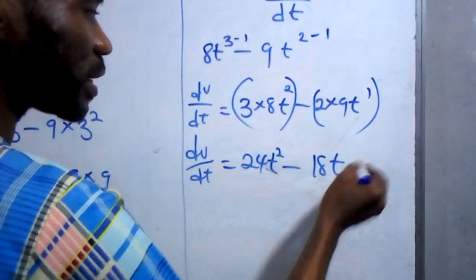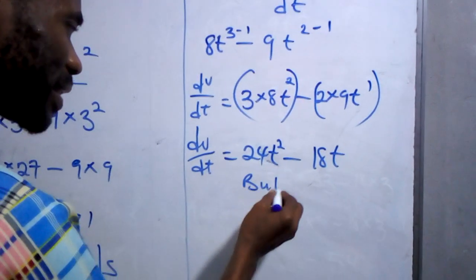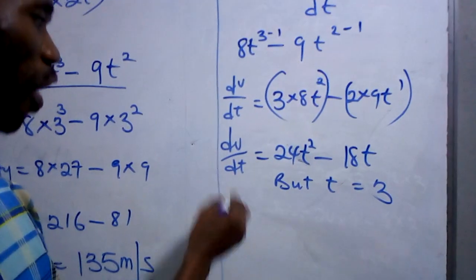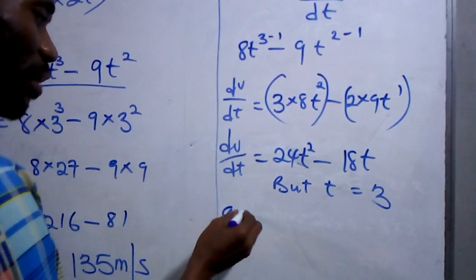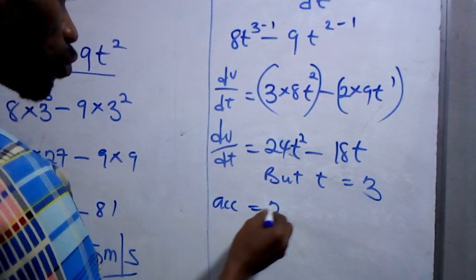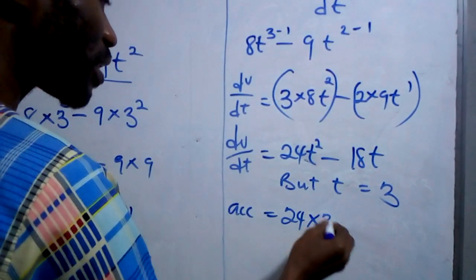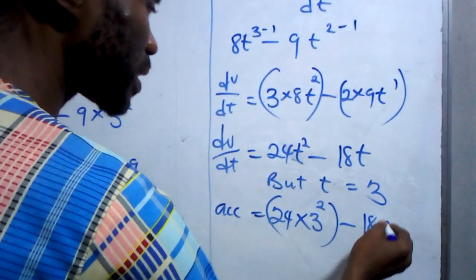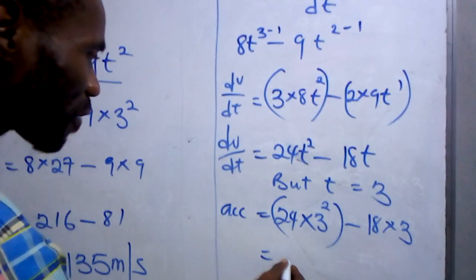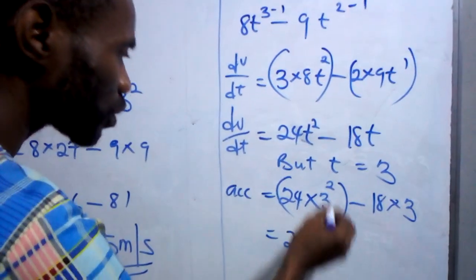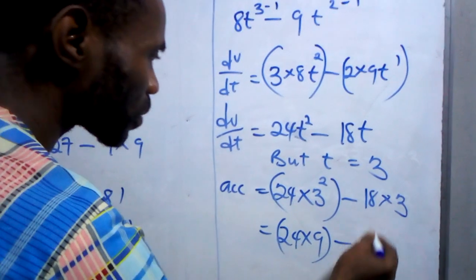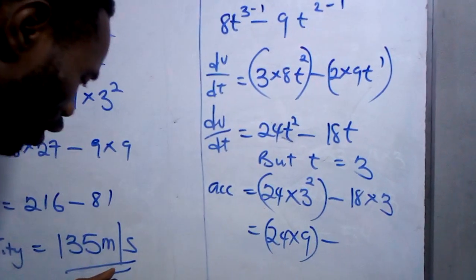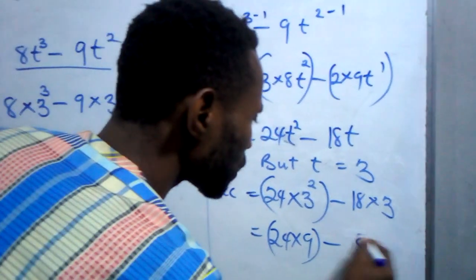But we remember that t is equal to 3, so we substitute t there. Our dv over dt, which is acceleration, will be equal to 24 times 3 raised to power 2 minus 18 times 3. 24 times 3 raised to power 2 is 24 times 9, which gives us 216. 18 times 3 will be equal to 54.